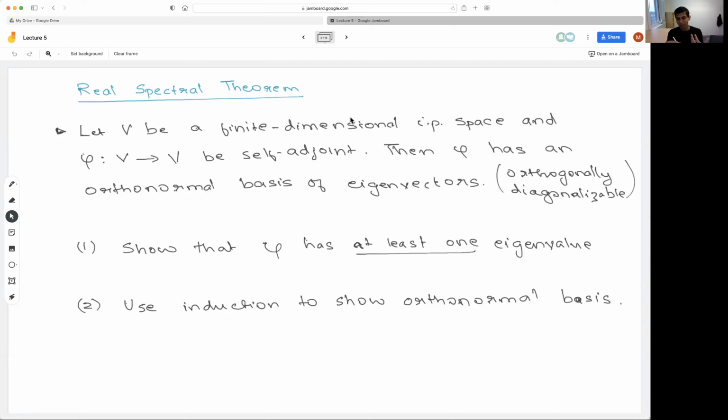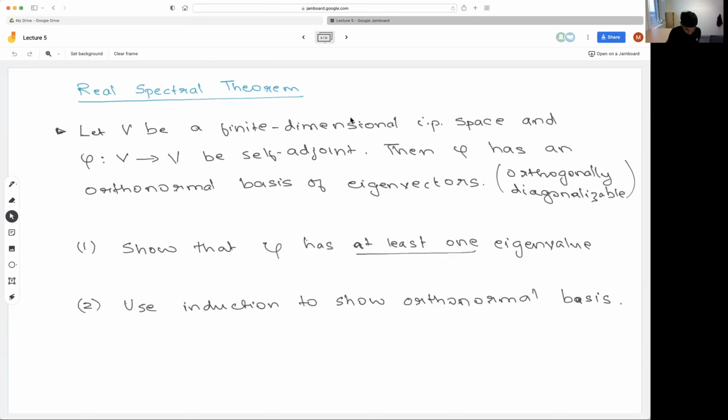And then we will use induction to essentially shave off this eigenvalue. Think of this operator as on a space with 1 less dimension, and then show that it has at least one eigenvalue on this space. And then think of a space with 1 less dimension and show that it has at least one eigenvalue on that space. And keep doing this. While we are doing this process, we will be finding eigenvectors via induction.